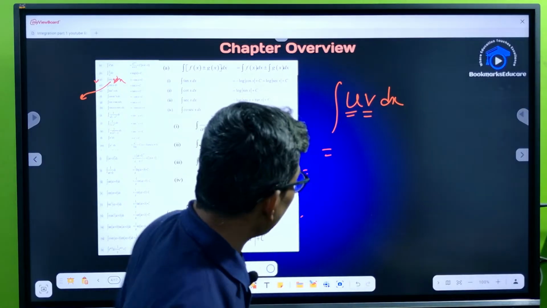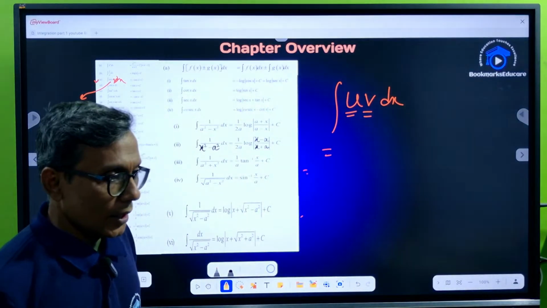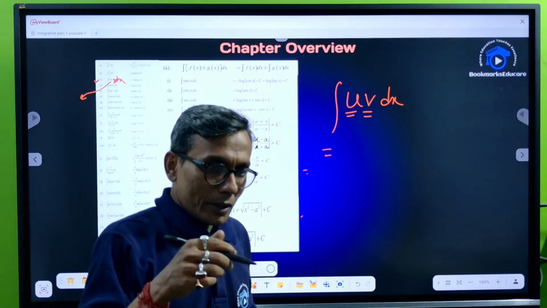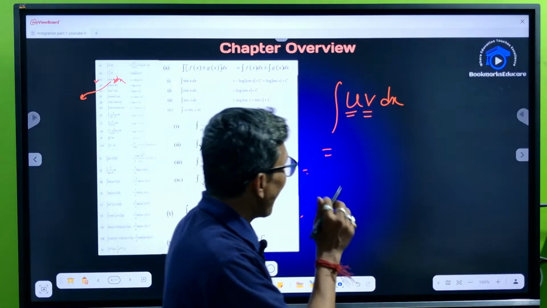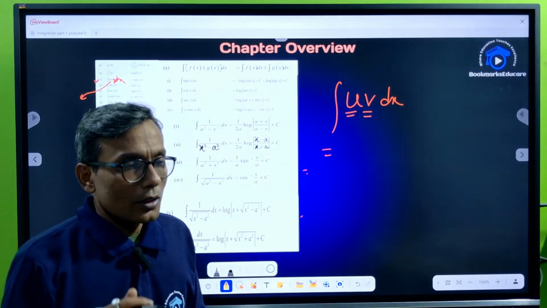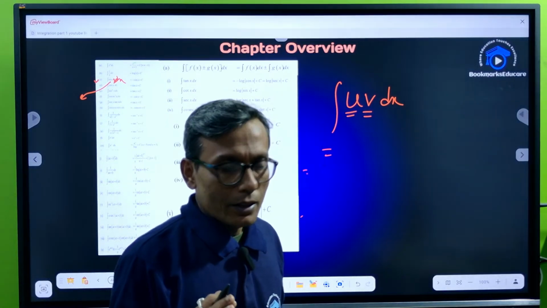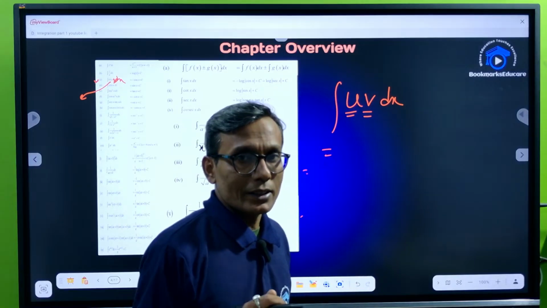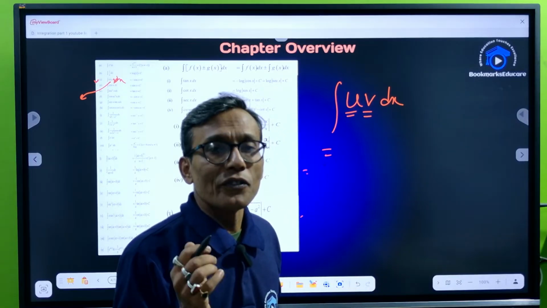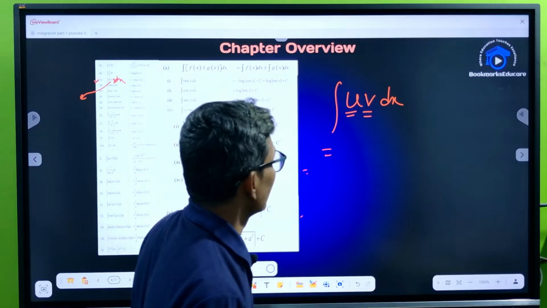In the product of two functions, the one which cannot be integrated is assumed as the first function.